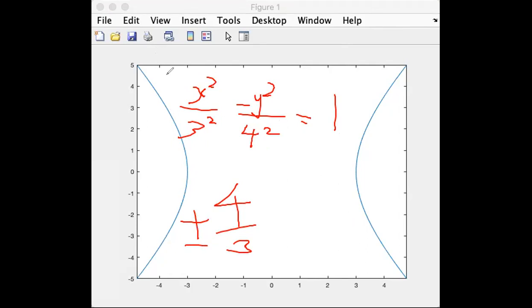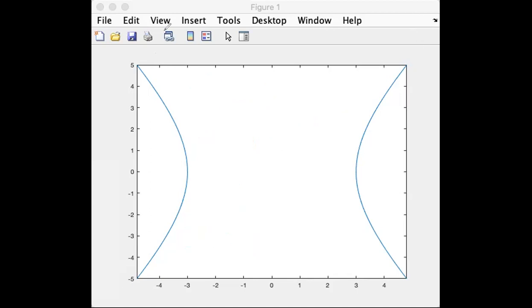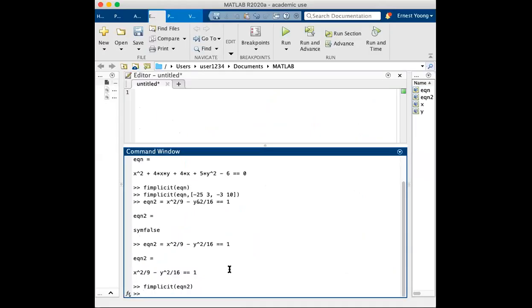And for the asymptote, we need to draw a dotted line. Let's say I want one in green color and another one in red color. So let's try it out. I need to hold on because I need to plot another function.